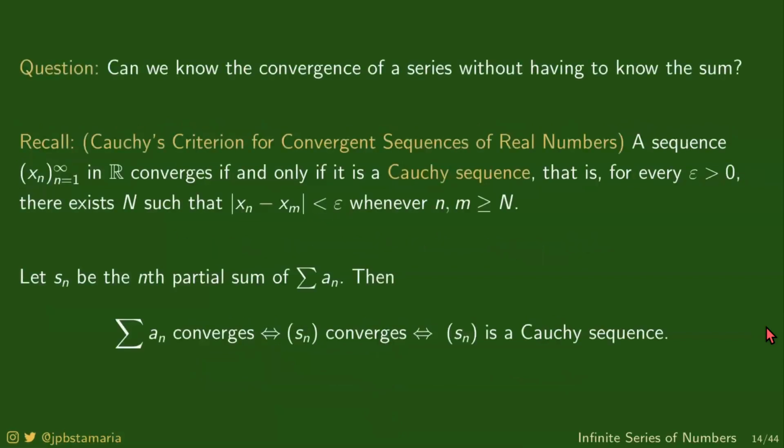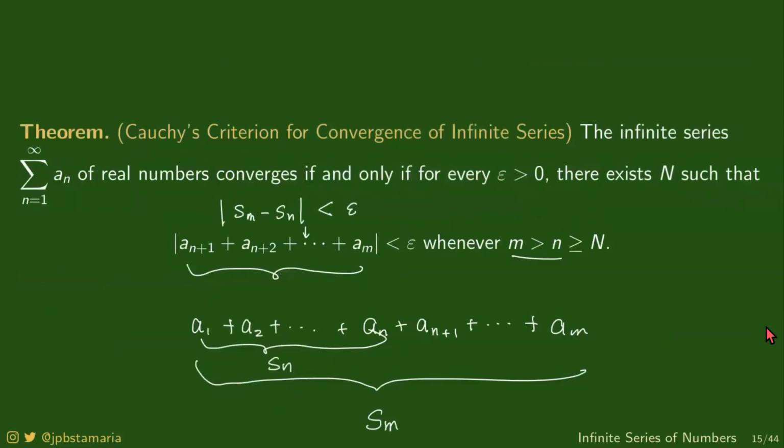In-apply ko yung epsilon property and Cauchy property na ito doon sa sequence of partial sums. Naintindihan ninyo? That's why there's no need to prove the sum. Kapag na-prove nyo na ito'y totoo for every epsilon greater than 0, then you can guarantee that the infinite series is convergent without having to know what the sum is.